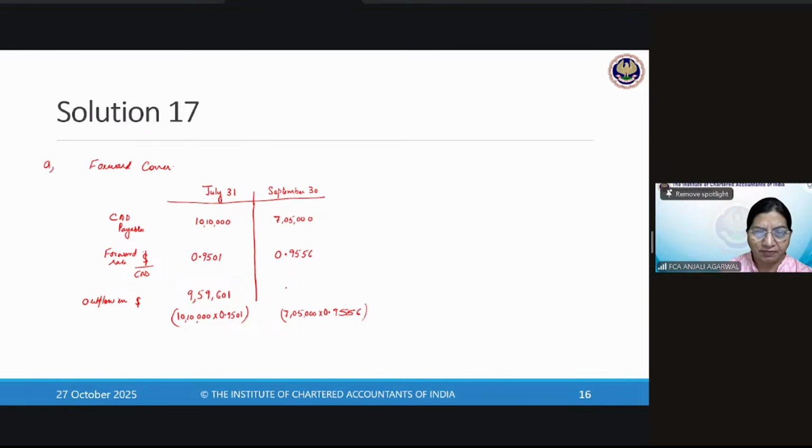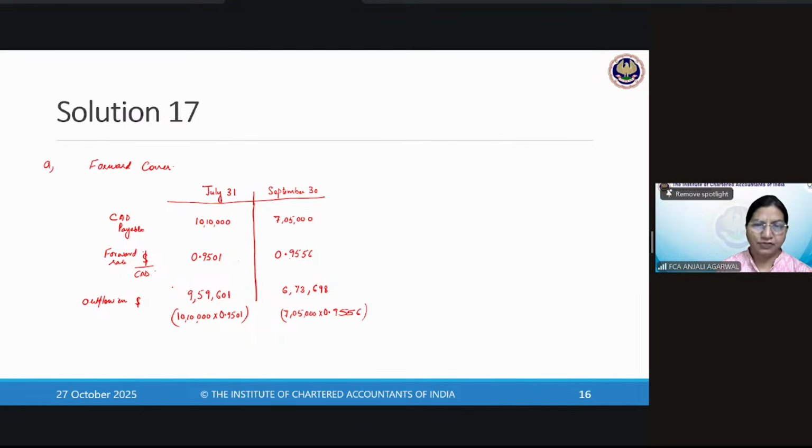Which currency is at premium? So this is the outflow in terms of dollar. What are the rates given? Dollar by Canadian dollar. Has it increased? Yes. Which currency is in the denominator? Canadian dollar. So Canadian dollar is at premium.